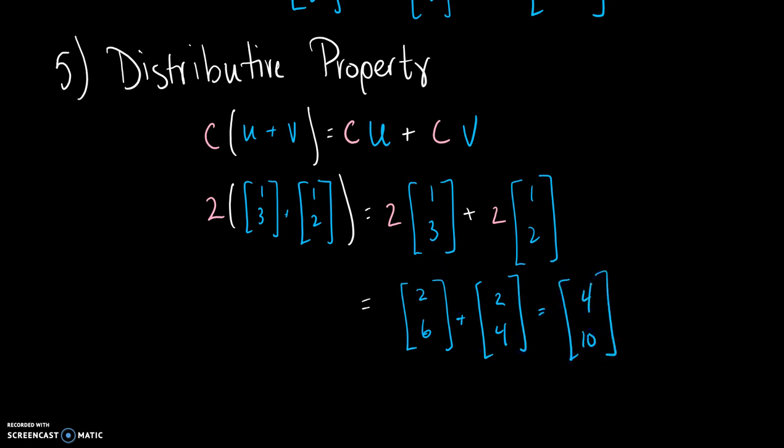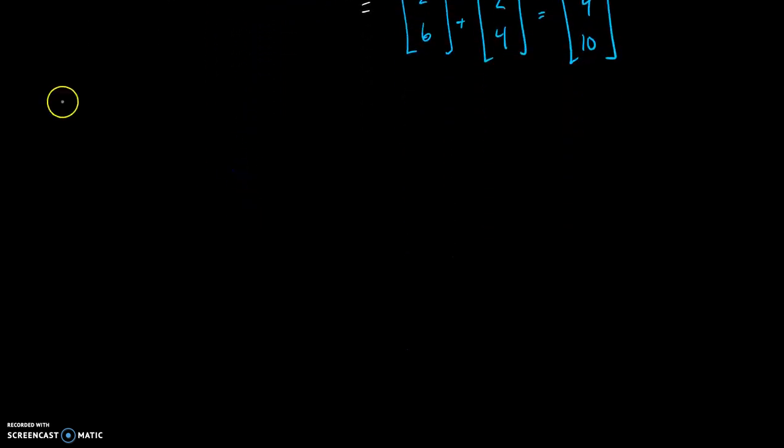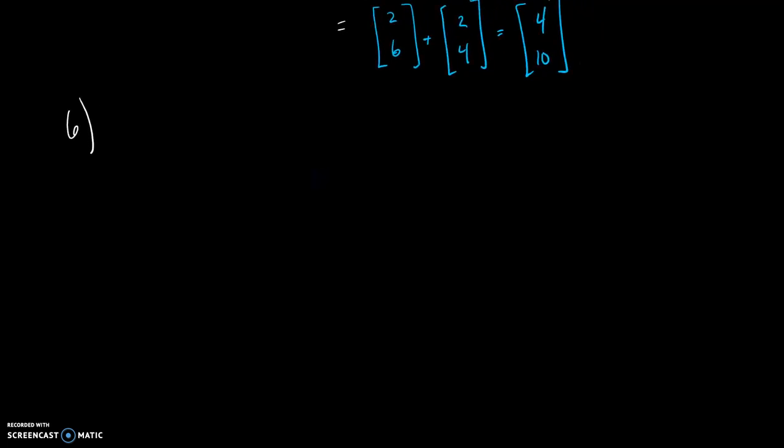And again, I'll leave it up to you to go after that and see if this is actually the case. Alright, so moving right along, now we have another property, something a little similar.